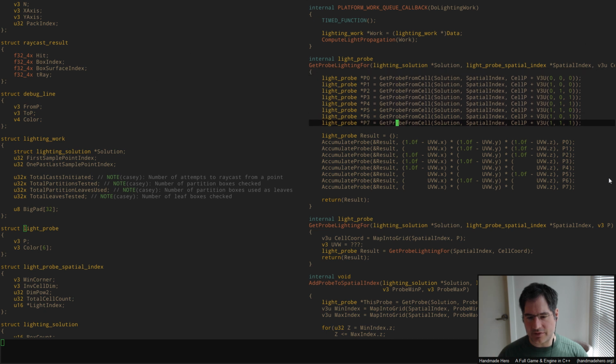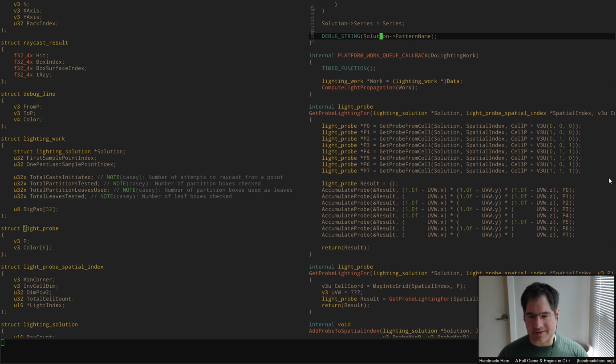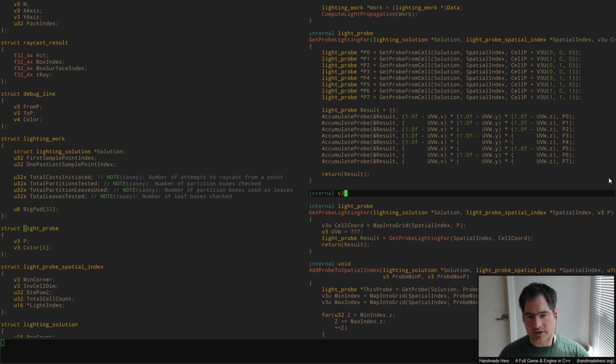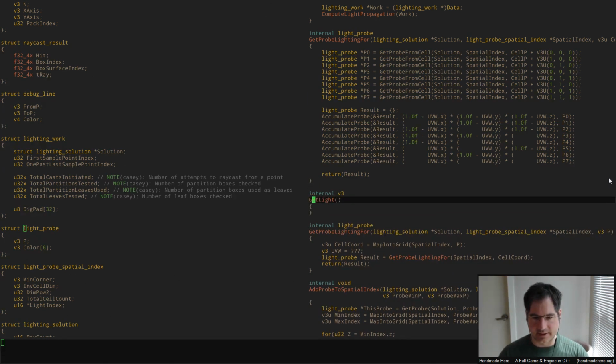So once we have all that, really this map into grid part of things is a bit of a problem here. So we're going to need to write that, and we're going to need to make sure we can get our UVWs from it. But we're also going to need one other thing here, which is that once we have one of these, we need some way of computing the actual lighting from, like, a normal, right? So if you imagine now we want to do, like, get light, get incoming light, something like that.